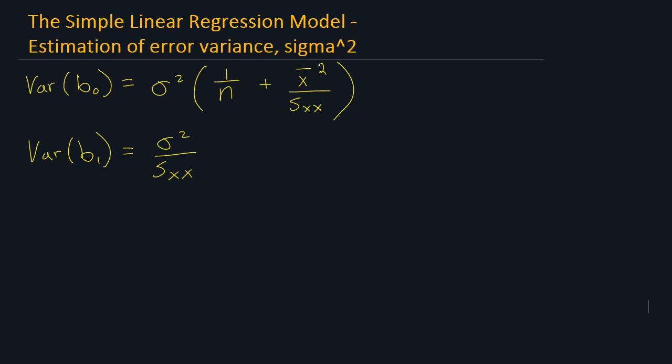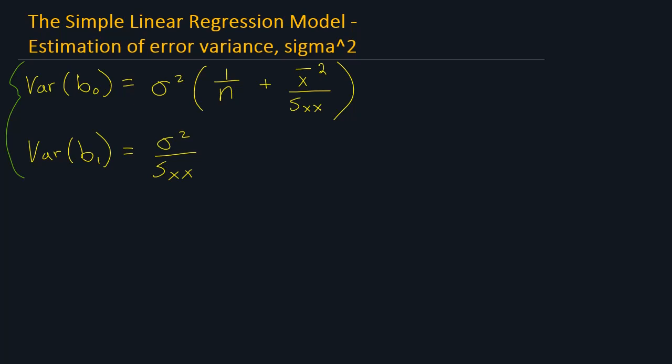All right, in this video, I want to talk about how to estimate the error variance, which is sigma squared. In the previous video, we came up with these two equations for calculating the variance of our estimators B0 and B1.